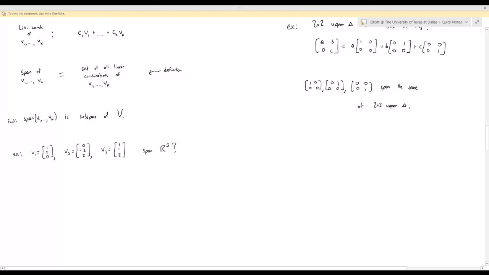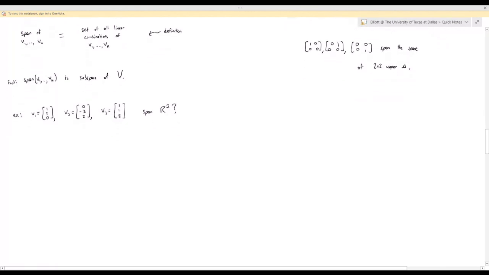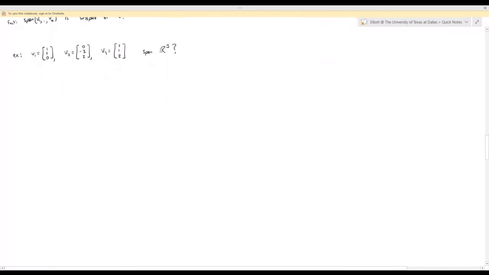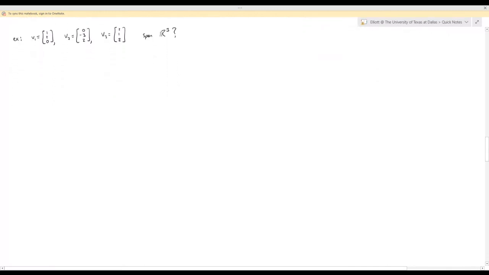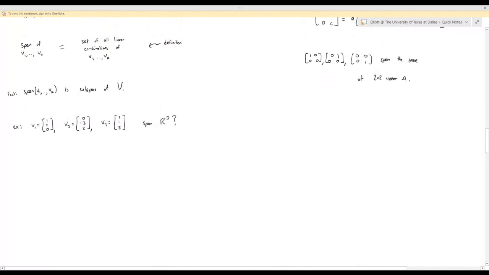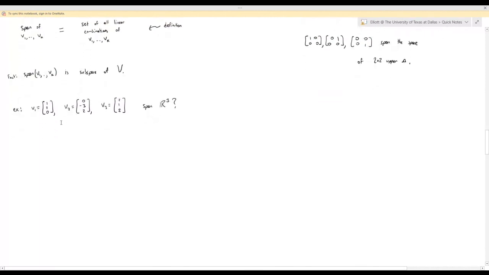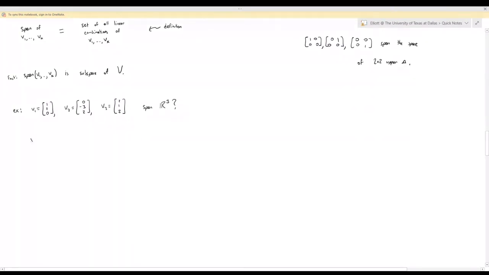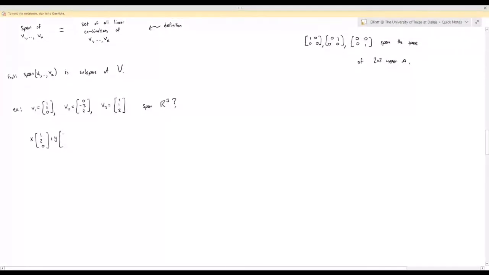All right, so how could we approach this problem? There's a couple of ways you can think about it. But the way that I'm going to set this one up is, to check that these 3 vectors span R3, that's asking is any vector in R3 a linear combination of these 3 vectors? So to check if that's the case, I'll form a combination of V1, V2, and V3.